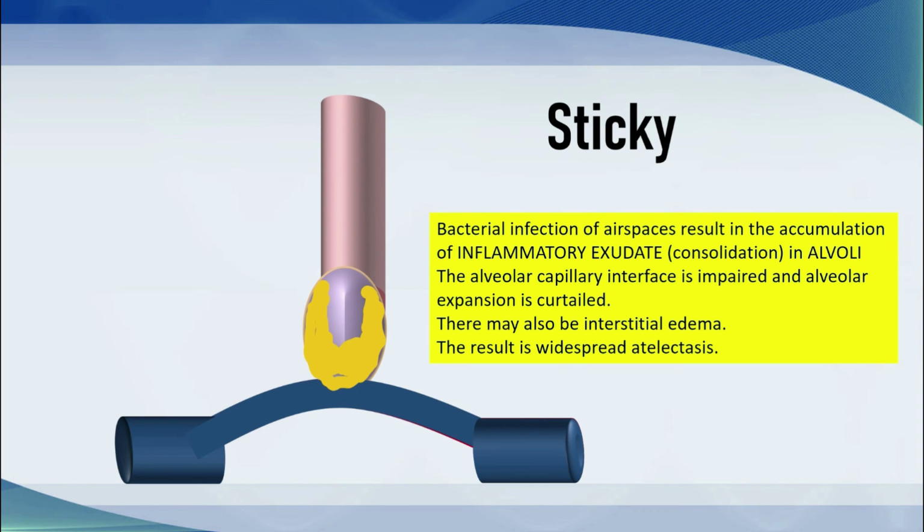There is significant impairment of the alveolar capillary interface. There is also a problem with expansion of the alveoli because these alveoli are stuck down. There may also be interstitial edema and indeed alveolar edema, and this results in widespread atelectasis.